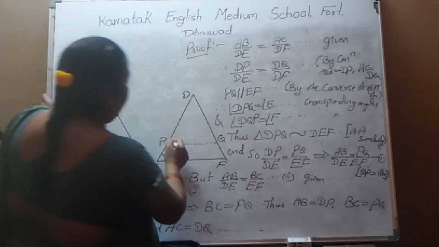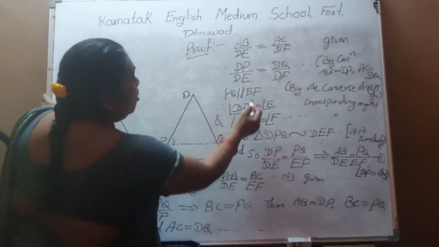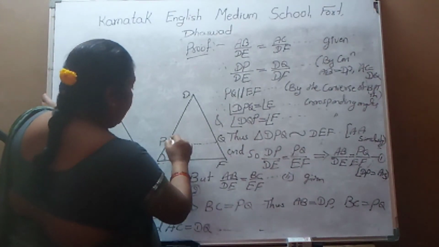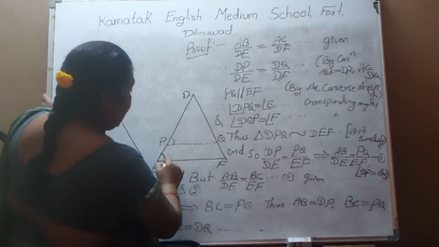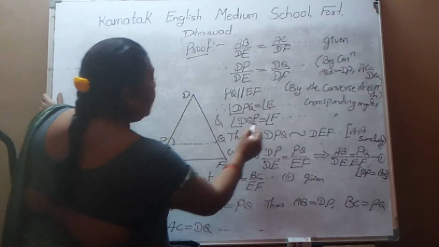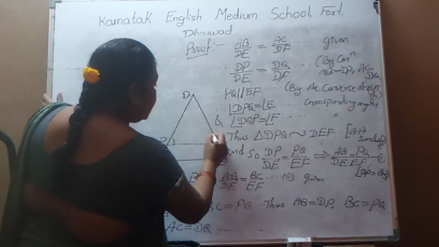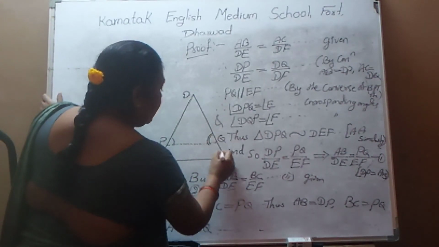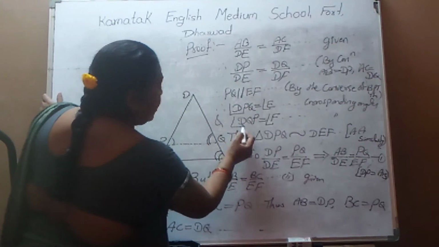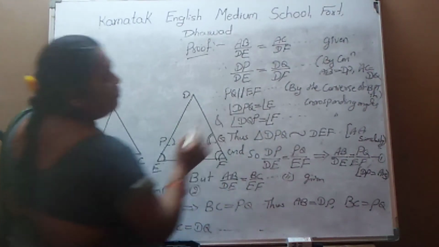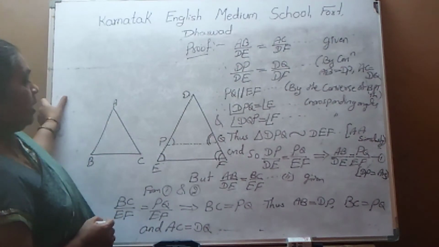You only proved PQ parallel to EF. You only proved when these two lines are parallel, these angles are equal. These two are corresponding angles. Similarly, these two angles, DQP and angle F, are corresponding.